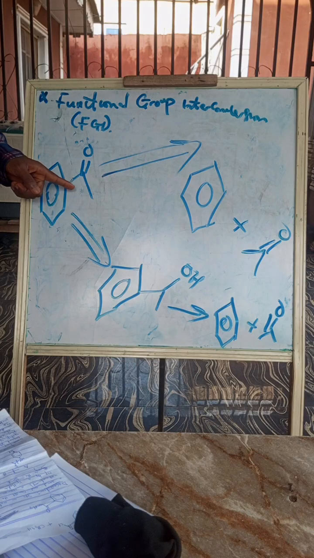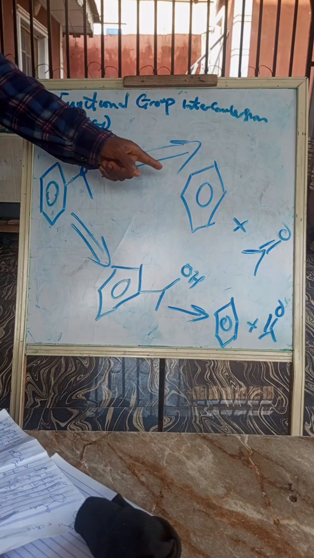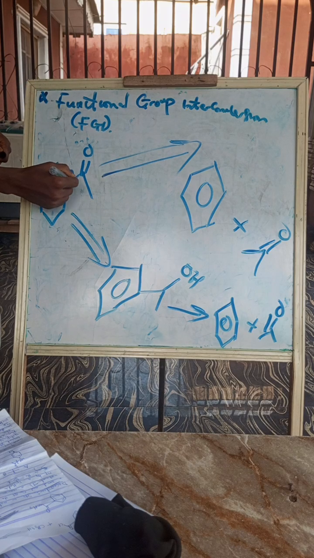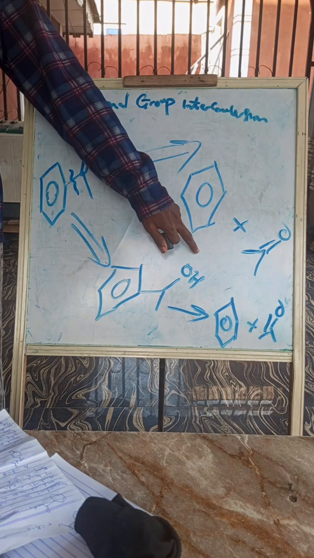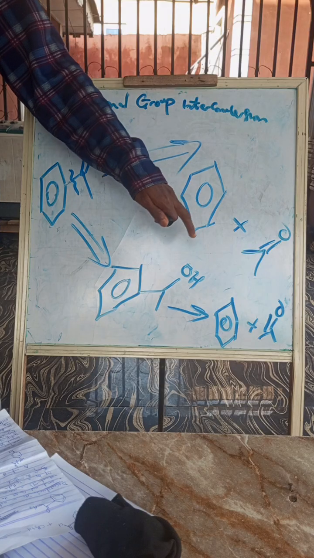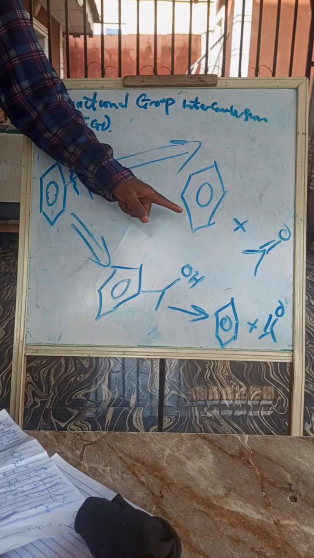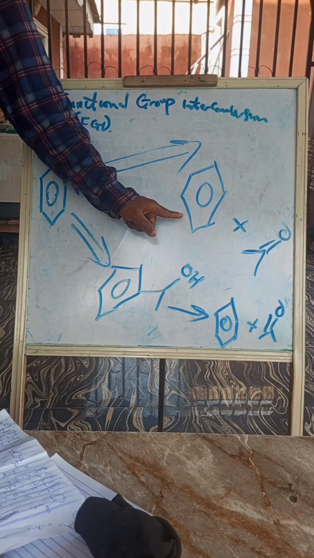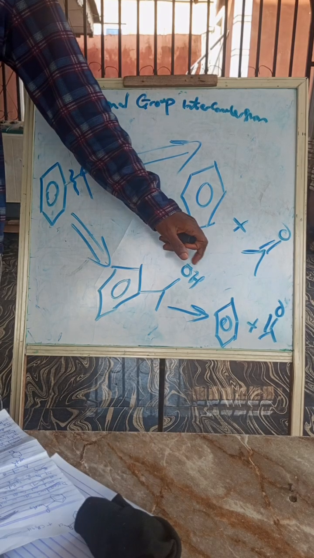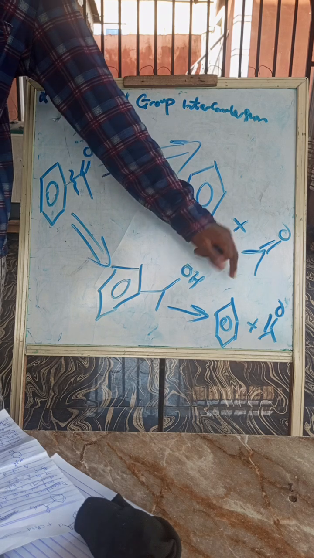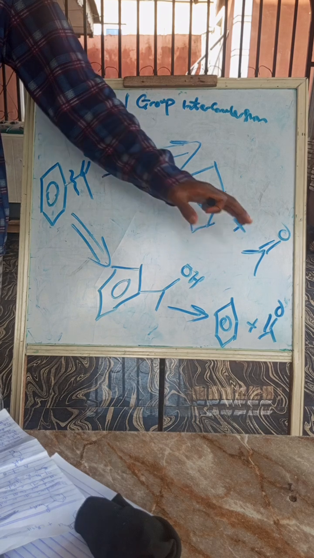So in this scenario of acetophenone, when we try to cleave, we got this. We can't truly say we are meant to get benzene as one of our precursors, and acetone also as our precursor.